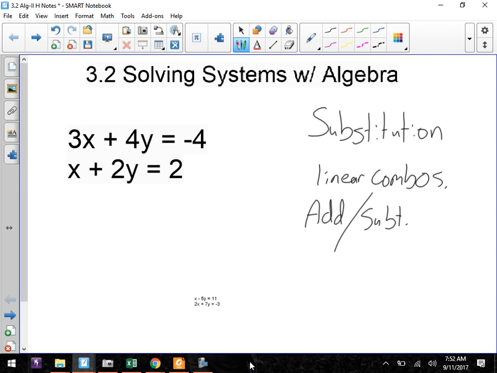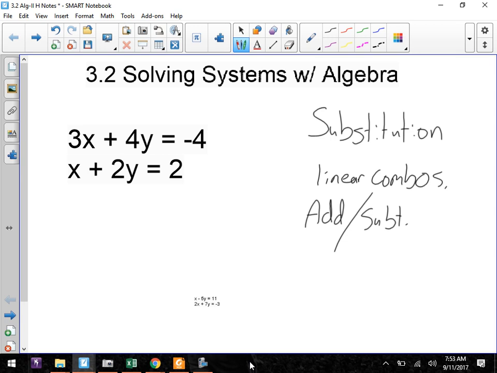When do you use substitution? Nope. There are times you don't want to use substitution. Personally, I would use substitution only when I have a variable that has a coefficient of 1, or a variable that's already solved by itself, like it says x equals something, or y equals something.